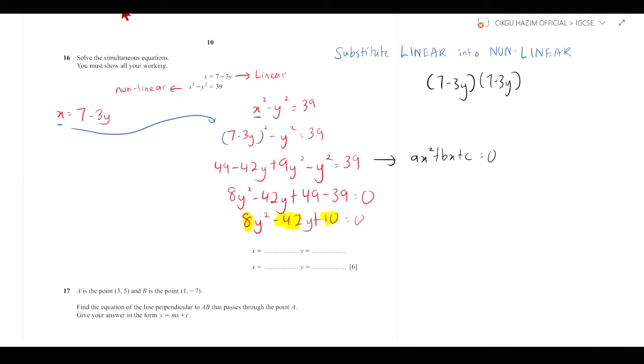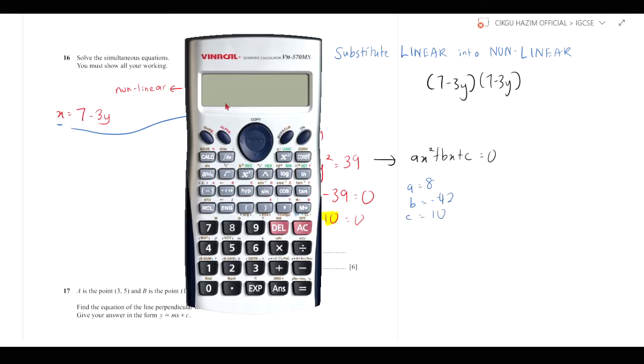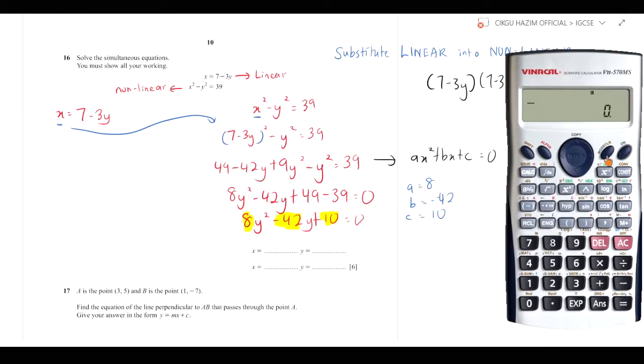And how do you get these answers? By using the calculator. That's my working and guidance for you. So a equals 8, b equals negative 42, c equals 10. On the calculator, you press mode three times: 1, 2, 3. You see EQN as equation. You press number 1. Press mode one more time to see degree, and you press degree equal to 2.